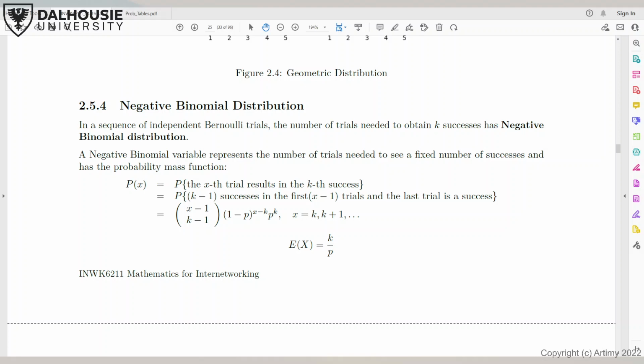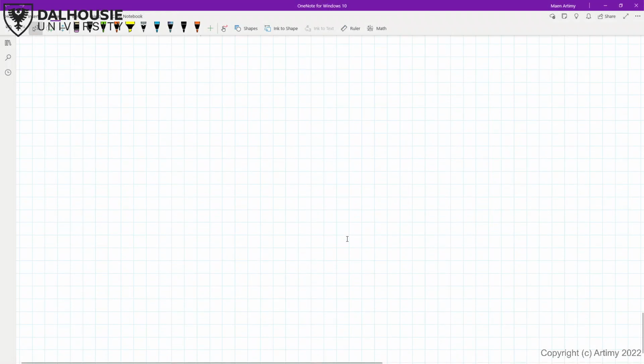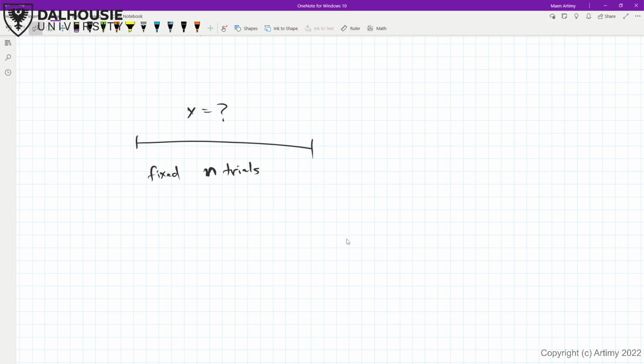Let me repeat that again. In the binomial, I have a fixed number of trials, n trials, and X, which is the number of successes, is unknown.